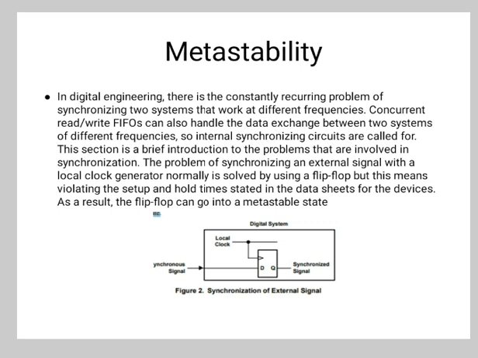The synchronizing problem is an external signal with the local clock generator. Normally it is solved by using a flip-flop, but this means violating the setup and hold time stated in the data sheet for the device. As a result, the flip-flop can go into a metastable state.